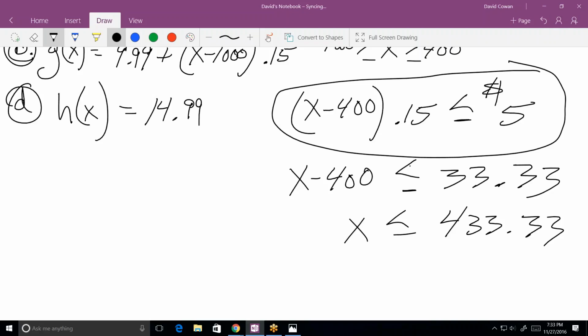If x is less than 433.33 and greater than 400, then the best plan is your 400 text plan.